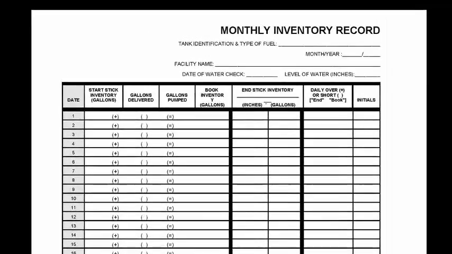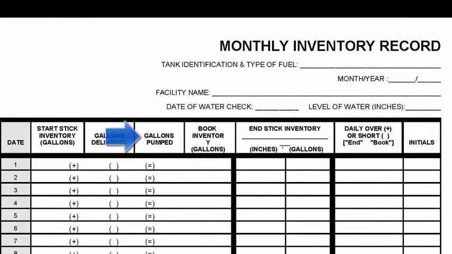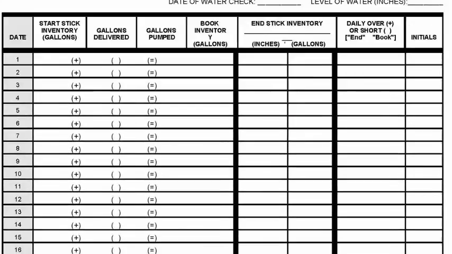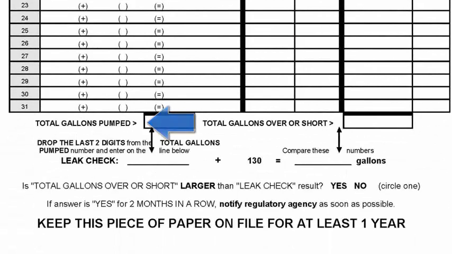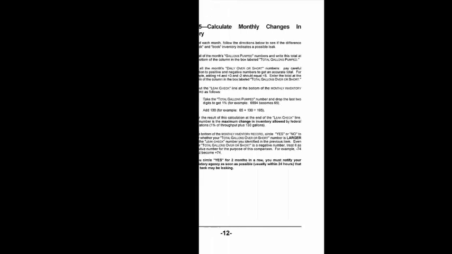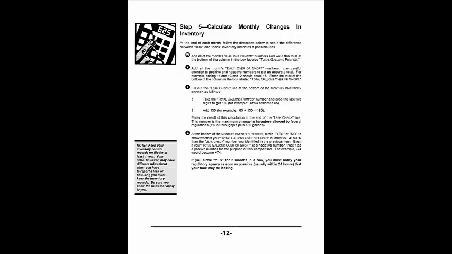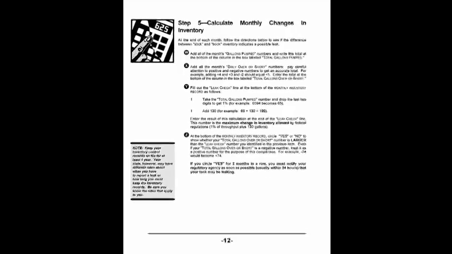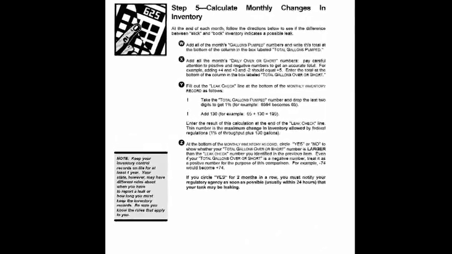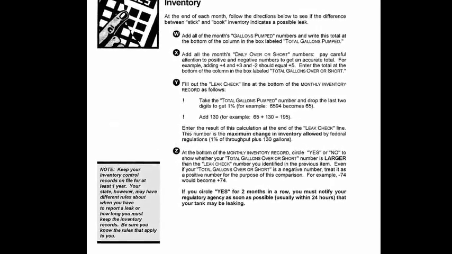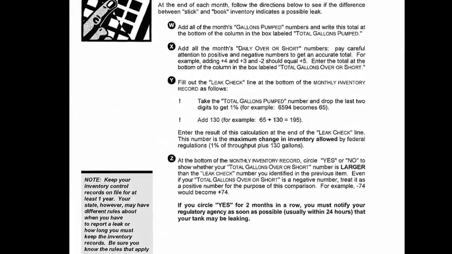Measurements important for this step of inventory control are the amounts for daily gallons pumped, daily over short, total monthly gallons pumped, and total monthly gallons over or short. This calculation to determine the changes in monthly inventory is called the math test. The math test helps owners and/or operators to determine the maximum change in inventory that federal regulations allow.